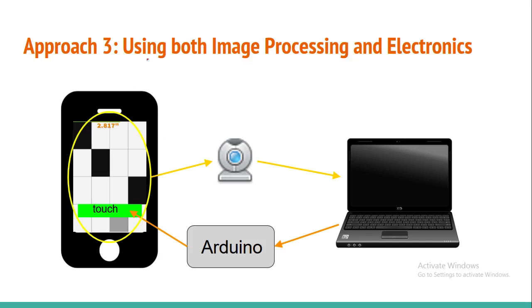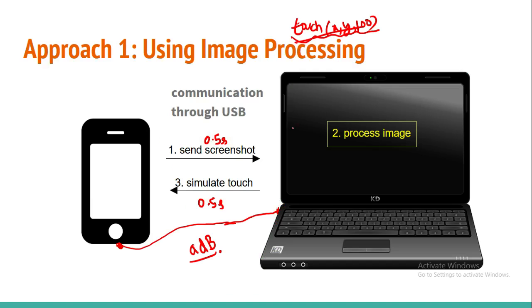So approach 3, using both image processing and electronics. We are using this approach to get rid of the delay problem that we had in this step. In approach 1, while using image processing, we had a huge delay, a 0.5 second delay.